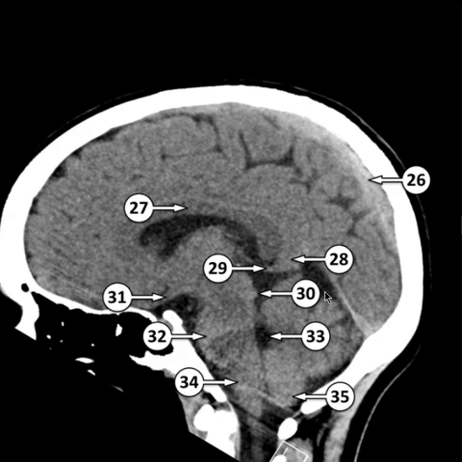If this were a contrast study, we would expect the arteries and even the veins to light up. 30 is the inferior colliculus, this protrusion over here. 31 is the optic chiasm. 32 is the pons. 33 is the fourth ventricle over here. 34 is the medulla. And 35 is the cerebellar tonsil.